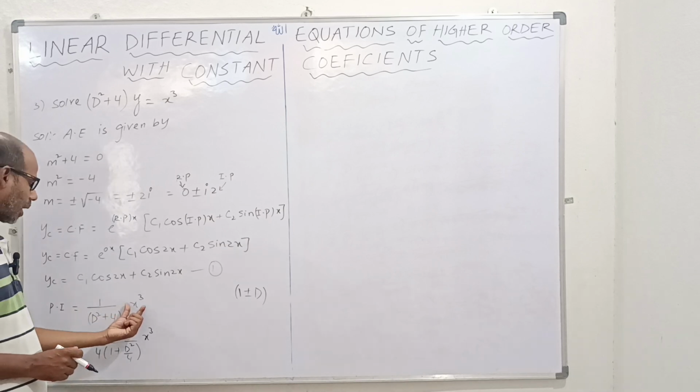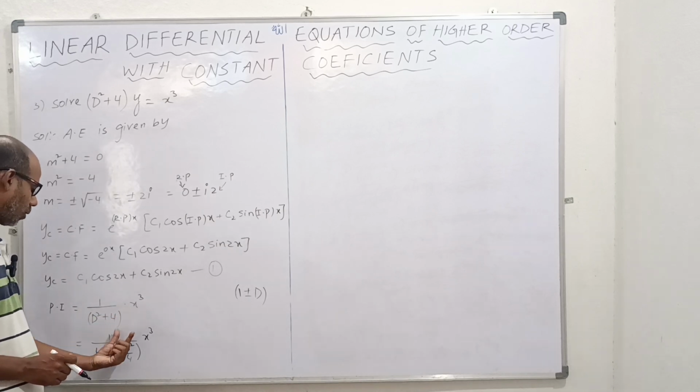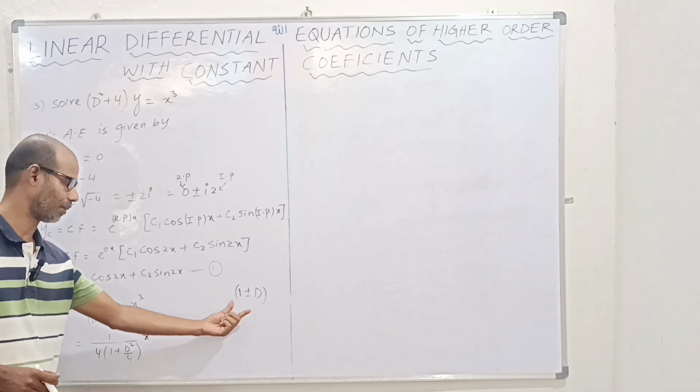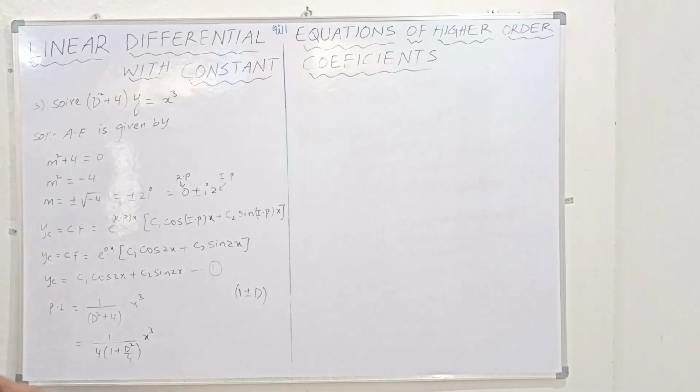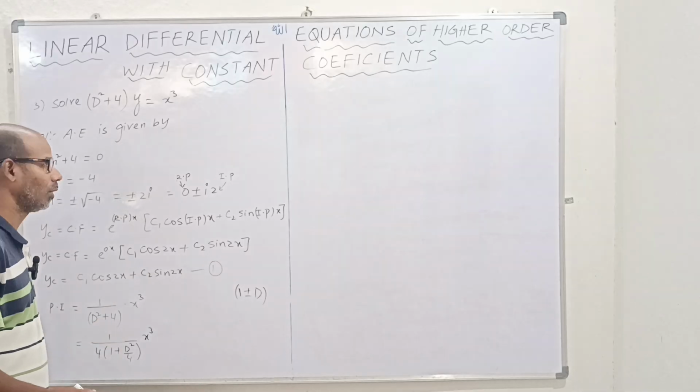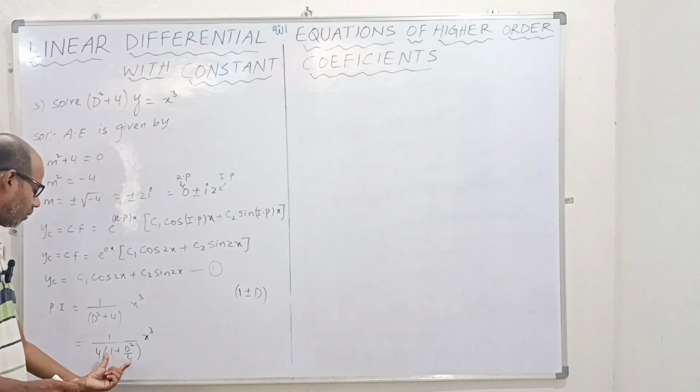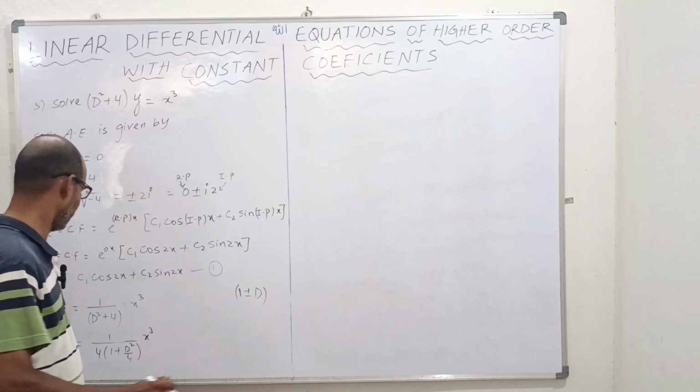So when the function is an algebraic function, we always try to write f of d, or the denominator, in terms of 1 plus or minus d. That is what you have to remember. After writing that, I will take this to the numerator.